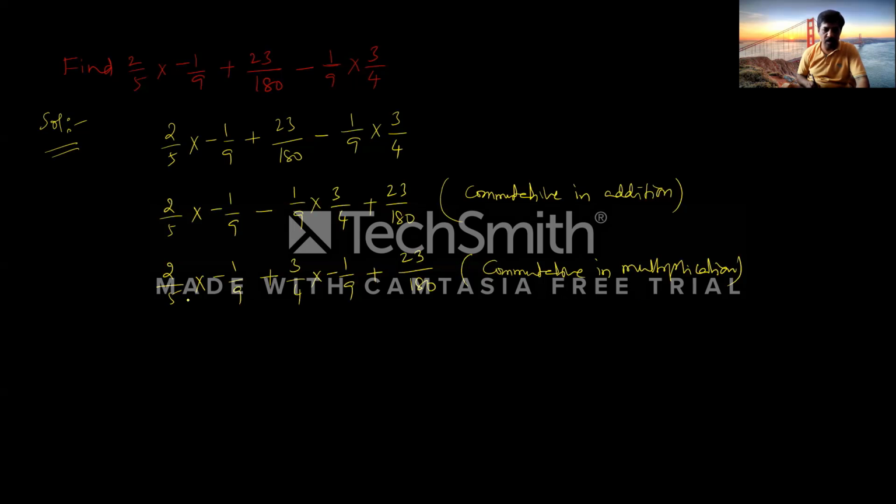Now if you see here, minus 1 by 9 is common in the first two terms. Here in the first term minus 1 by 9 is there. In the second term also minus 1 by 9 is there. Now minus 1 by 9, if you write outside, that means we are taking common. Here you can write 2 by 5 plus 3 by 4, close the bracket, plus 23 by 180.